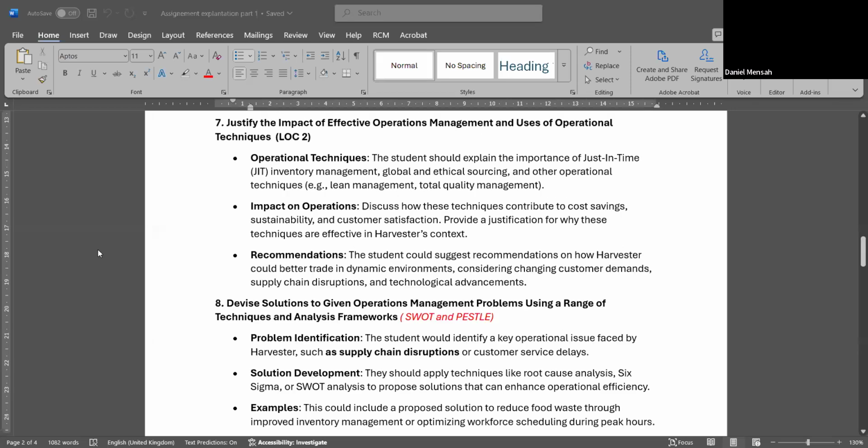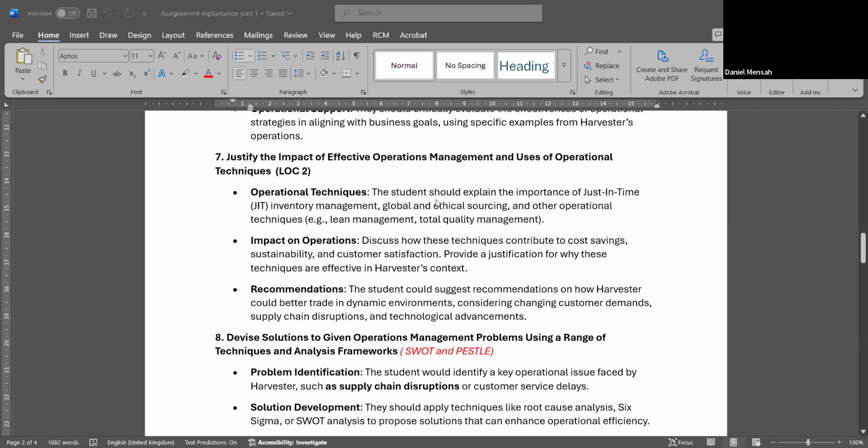If you want, you can suggest some kind of recommendation on how they could better trade in a dynamic environment, considering changing customer demand, supply chain disruption, and technological advancements. If there are any changes happening there, maybe you can see what other techniques they can use to deal with these changes.